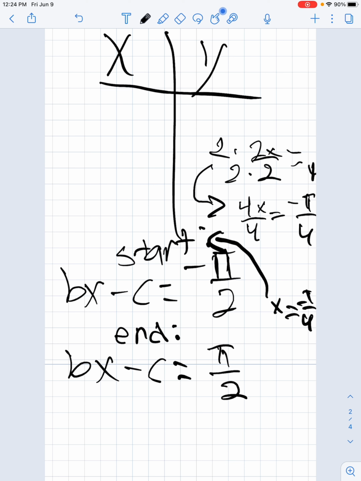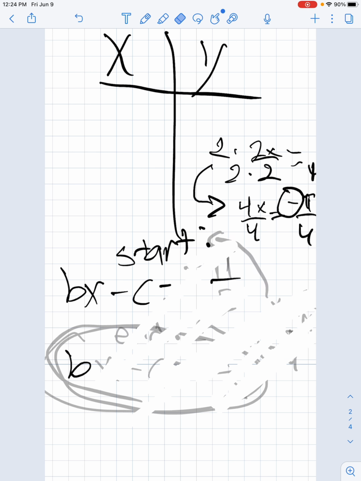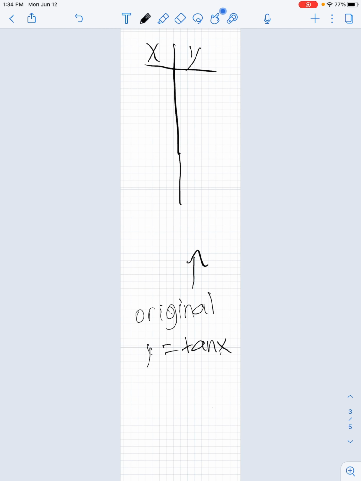And your end point would be the opposite. It would just be a negative turned into a positive, so it would be x equals pi over 4 for the end point. But in a more difficult problem, you would have to find how this would look like, and you would plug in through this equation. To continue, you now need to find points on graph.